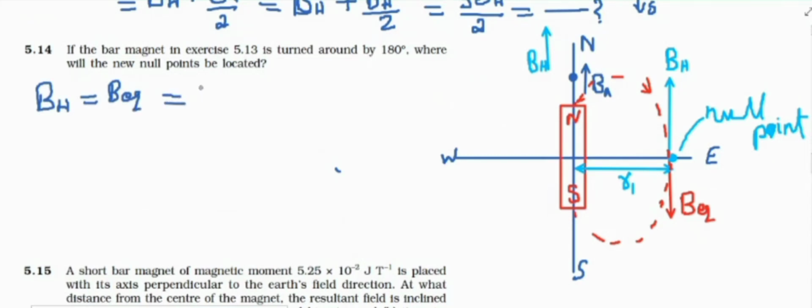That is, BH is equal to mu naught by 4 pi, m by R1 cube. And that is equal to, again we know B equatorial is B axial upon 2. And the value of B axial we have is mu naught by 4 pi.